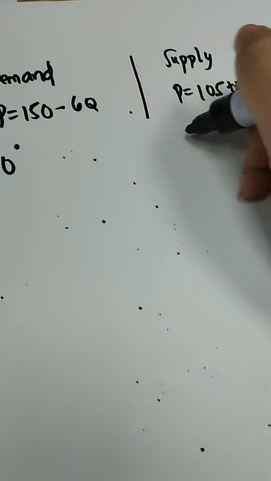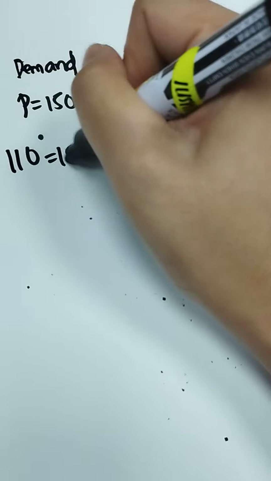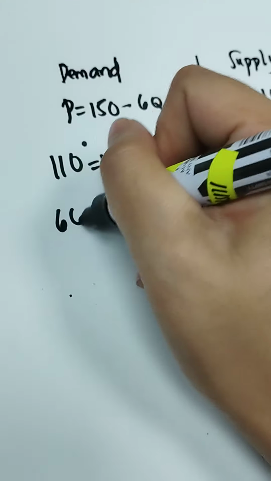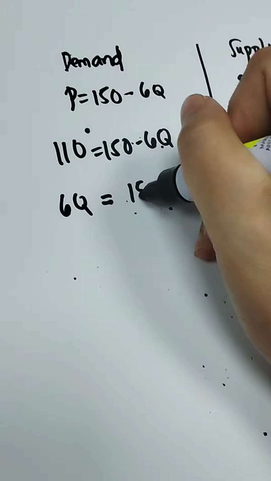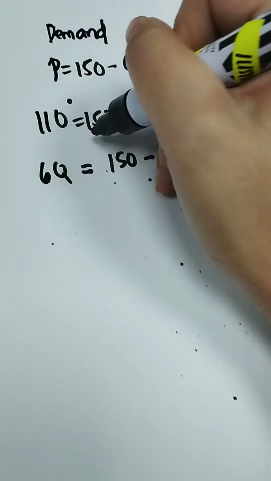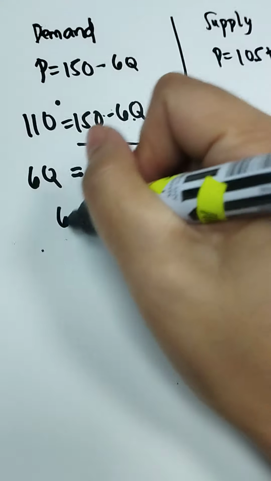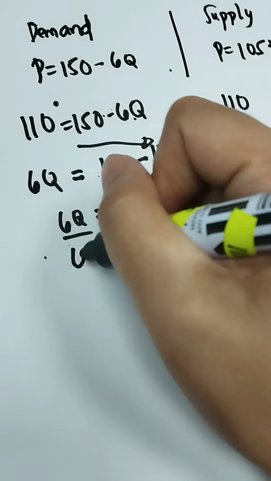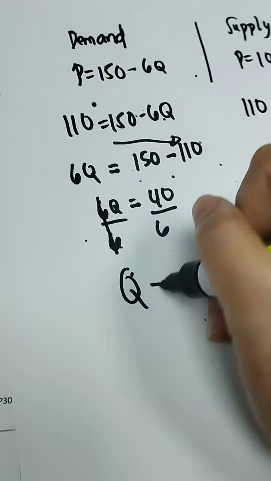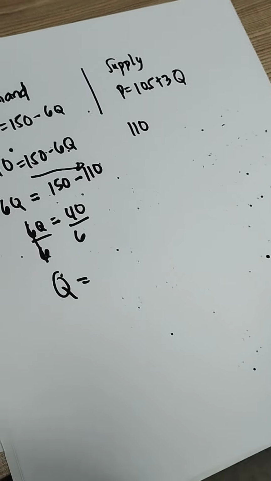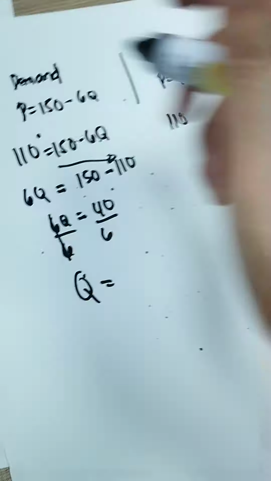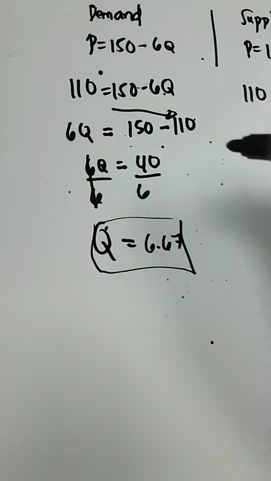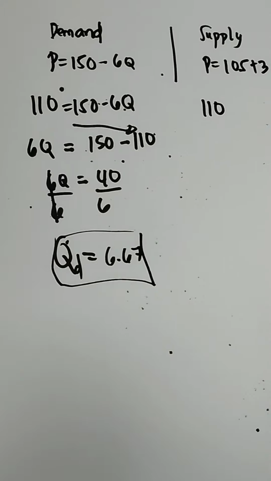In both, the price is 110. 150 minus 6Q, let's do the demand first. Let's transpose 6Q, positive. 150 minus 110, transposed. So that 6Q is equal to 40. Divide both sides by 6 to get the value of Q. Now 40 divided by 6 is equal to 6.67, rounded off to 2 decimal places. That is the quantity demanded.